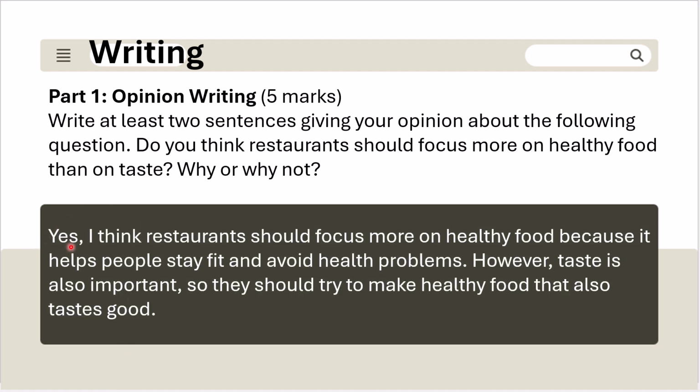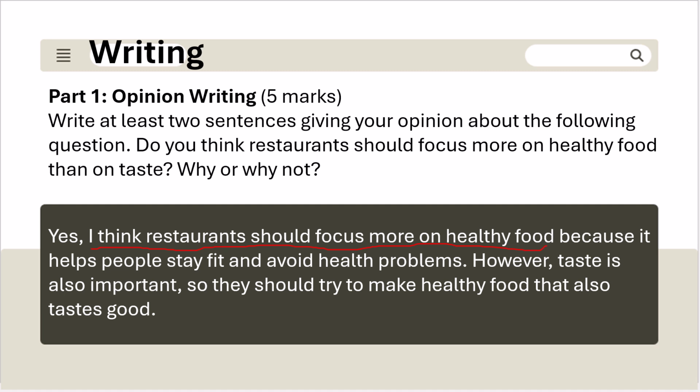Start this way with a topic sentence, "I think," giving your response. You say, "Yes, I think restaurants should focus more on healthy food." So you're saying that they should focus more on healthy food. Why? Now you're supporting your answer. Let me just highlight: I think restaurants should focus more on healthy food.